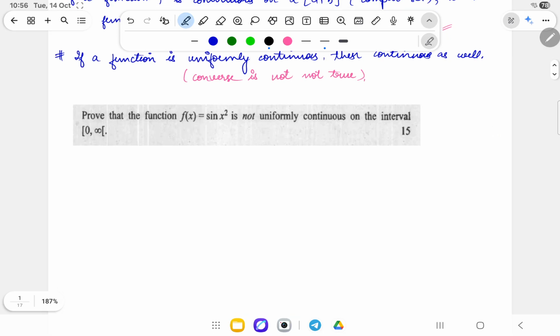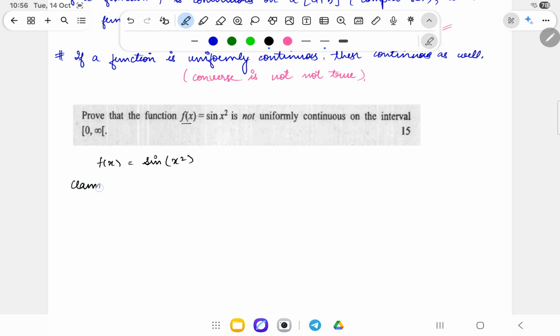Question 1 says: prove that the function f(x) = sin(x squared) is not uniformly continuous on the interval 0 to infinity.